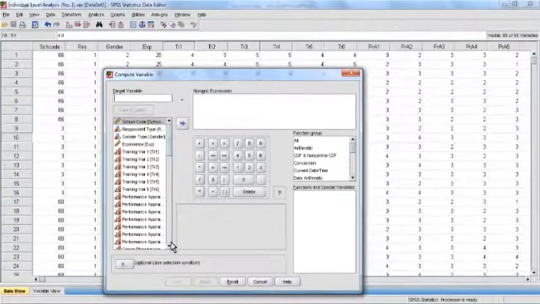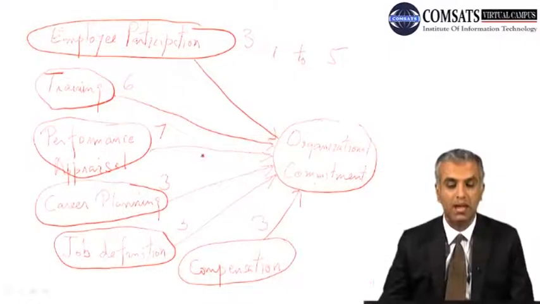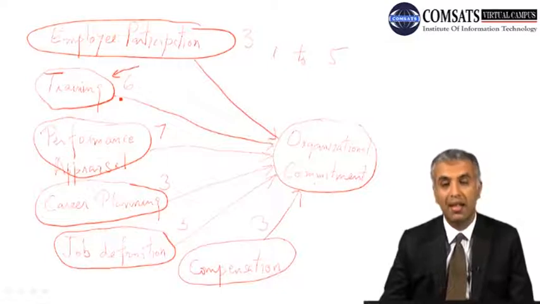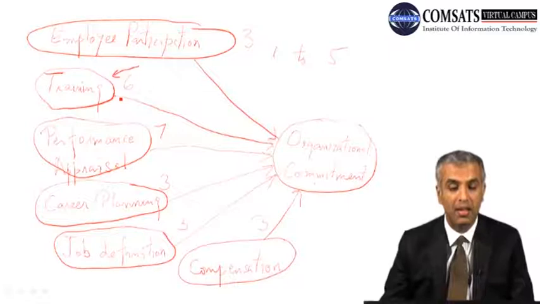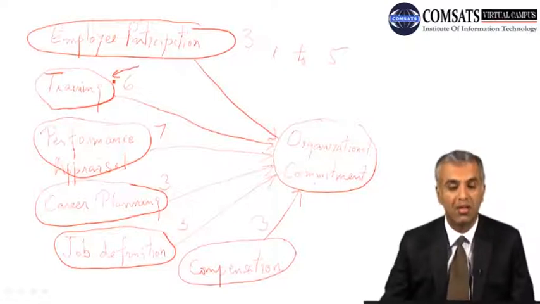Let's go back to that slide so that you can get yourself clear. You see here, training is represented by a single variable, but on the other end, when we go to the questionnaire, we are measuring the training variable through 6 questions.